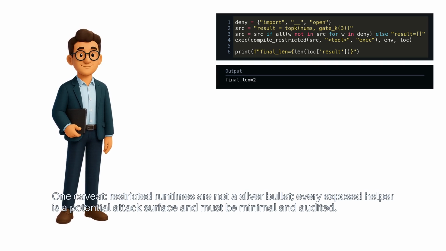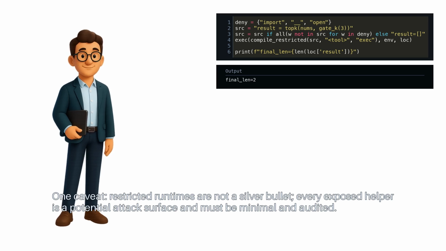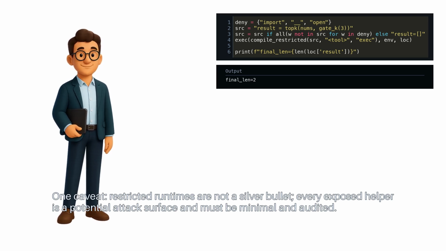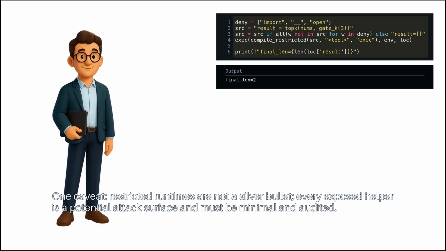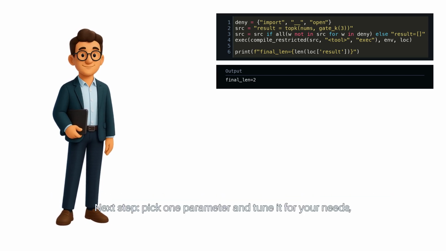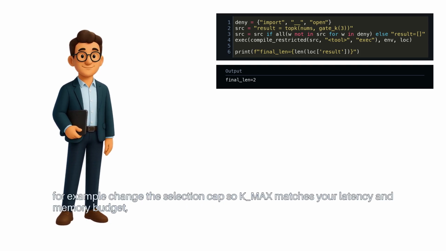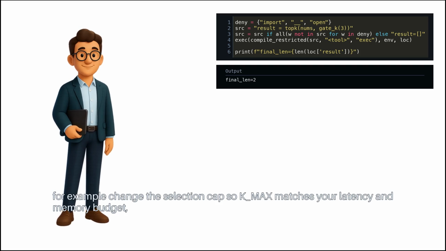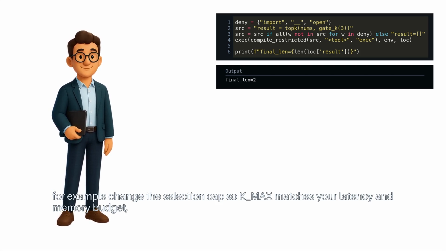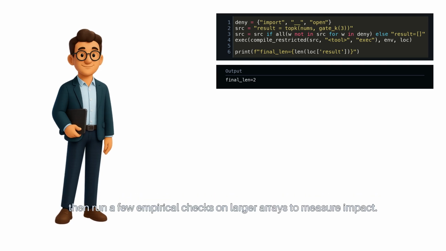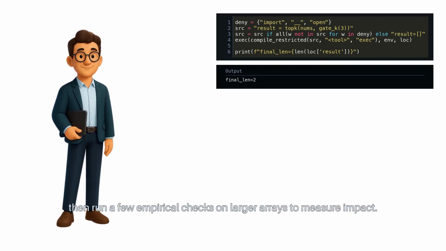One caveat: restricted runtimes are not a silver bullet. Every exposed helper is a potential attack surface and must be minimal and audited. Next step: pick one parameter and tune it for your needs. For example, change the selection cap so kmax matches your latency and memory budget. Then run a few empirical checks on larger arrays to measure impact.